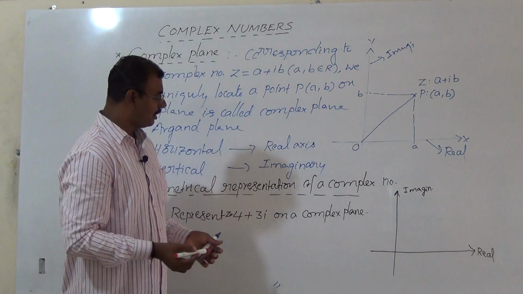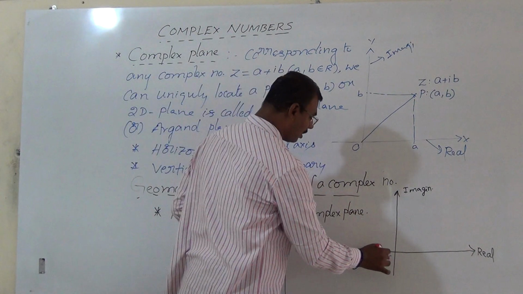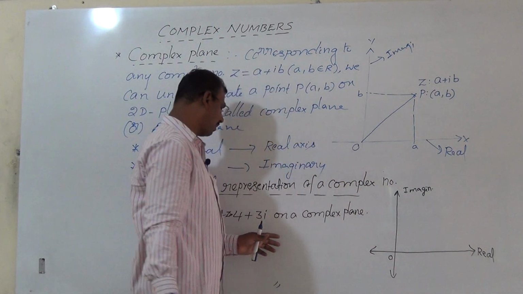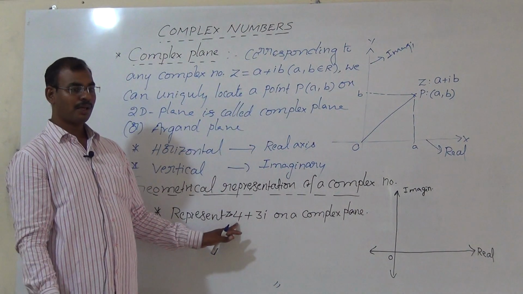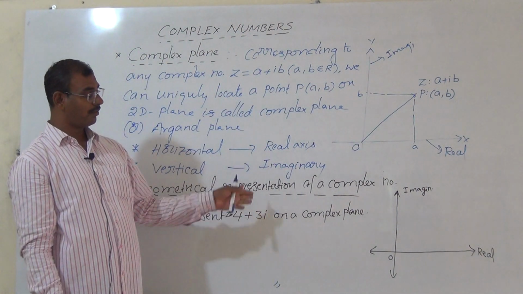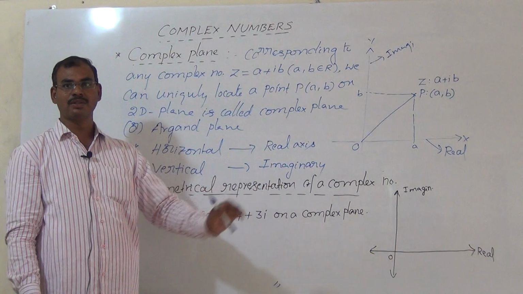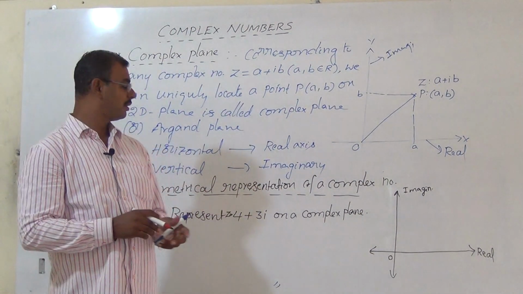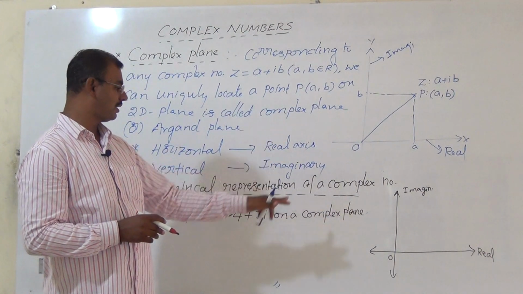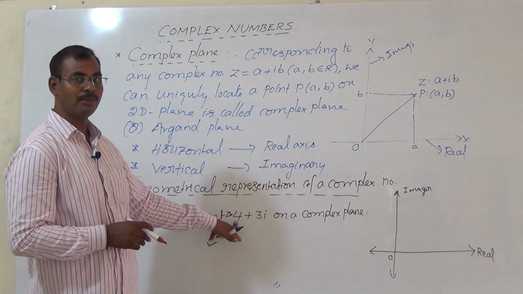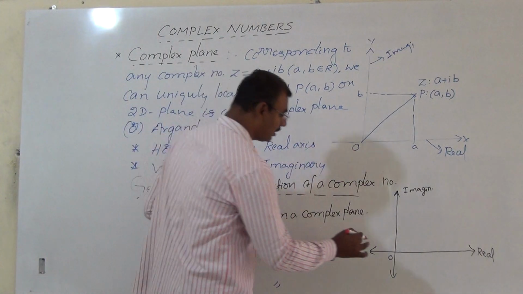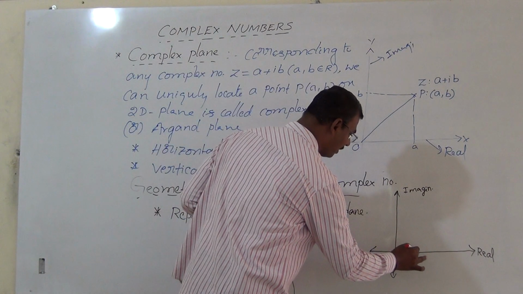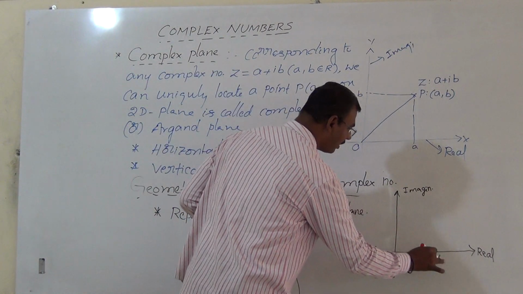Keep in mind, the real part of a complex number is taken on the real axis only, and the imaginary part on the imaginary axis. What is the real part of this number? 4. That means we take 4 units on the real axis.